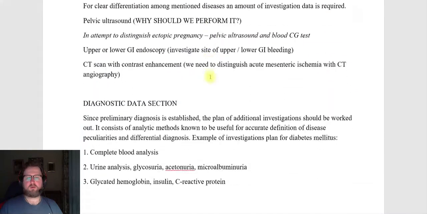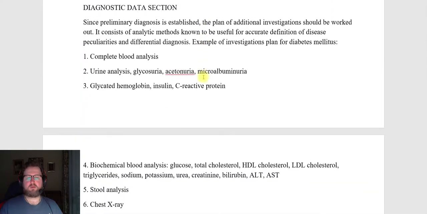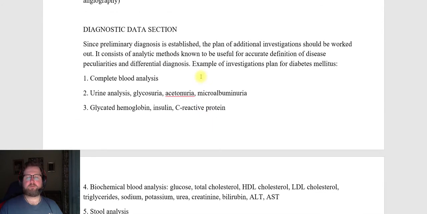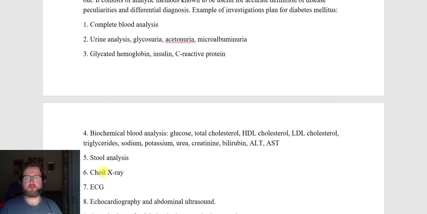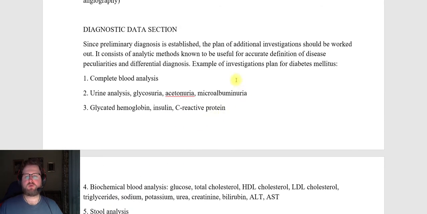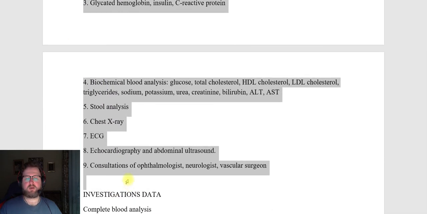Now, in your guide there is a number of methods which is used to investigate diabetes mellitus, so we take them away.